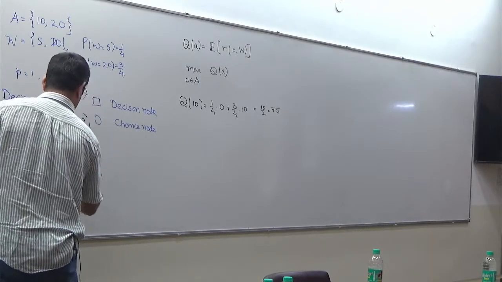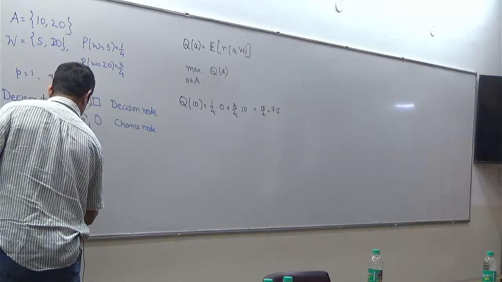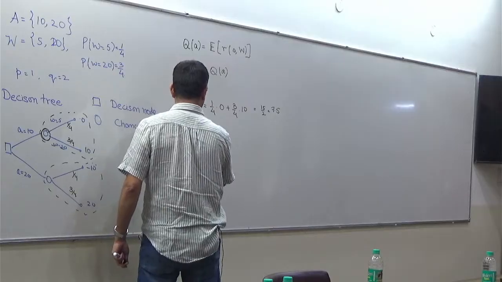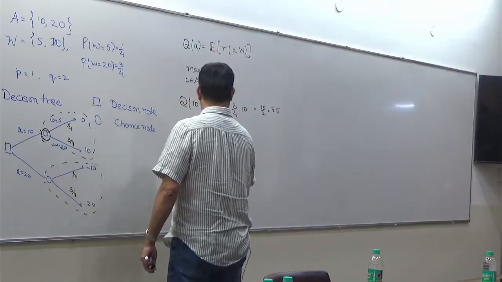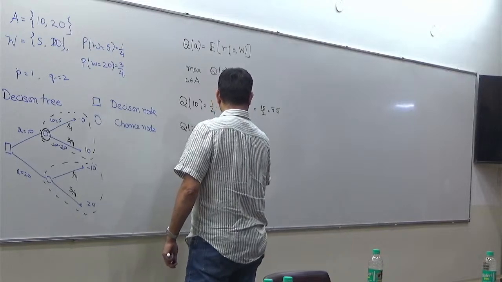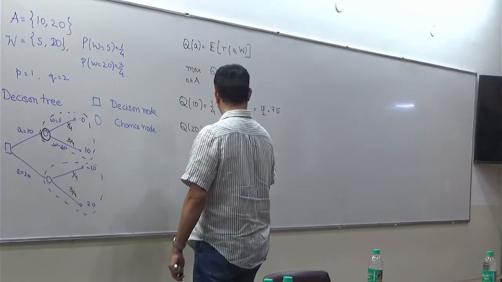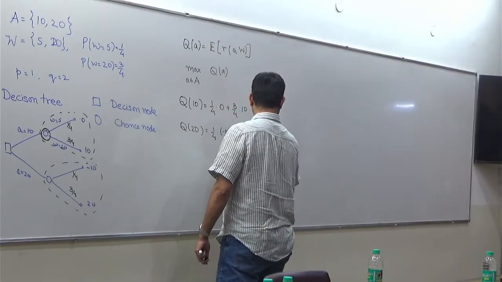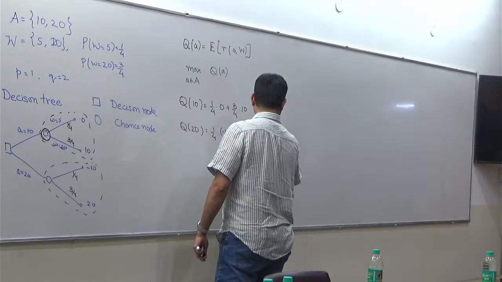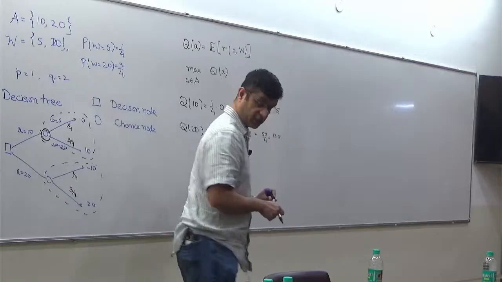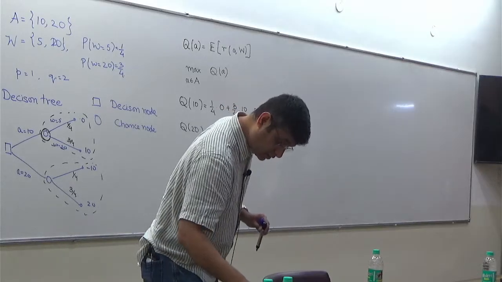Okay? Again, the values here are 1/4 and 3/4. So I should get that Q of 20 is equal to 1/4 times minus 10 plus 3/4 times 20. So this is 50 by 4, so 12.5. I think I'm making a mistake, but yeah, okay, that's it.